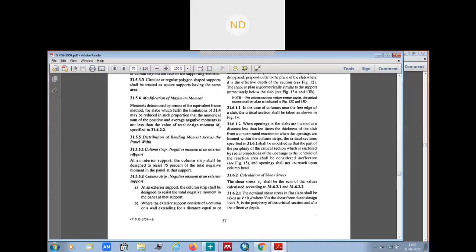So okay, this one. Clause number 31.5.5.1, column strip for the negative moment. For the negative moment at an interior support, the column strip shall be designed in such a way that it resists 75% of the total negative moment.